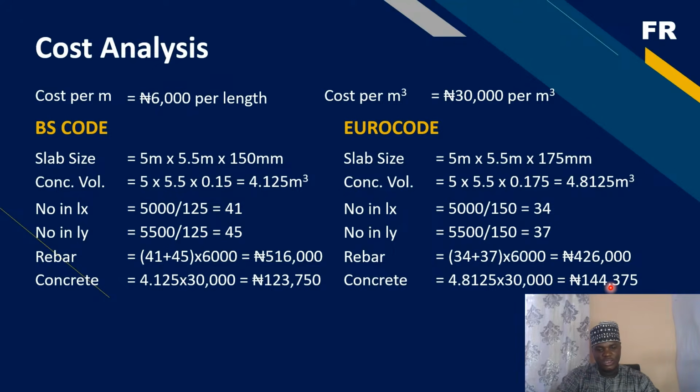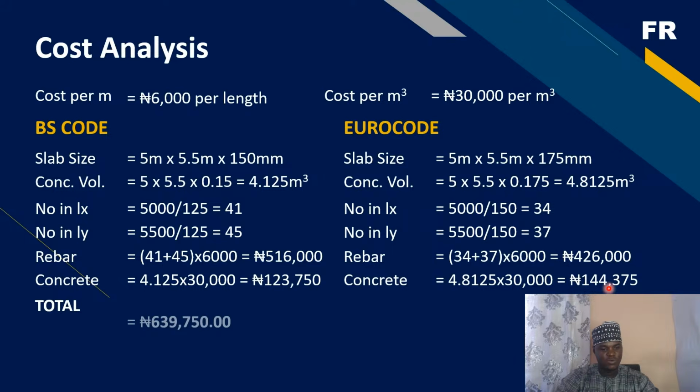So now you can do the total. We are neglecting labor cost and some other things, even though all other things will be partially the same, except for the formwork. This is 150 and this is 175.